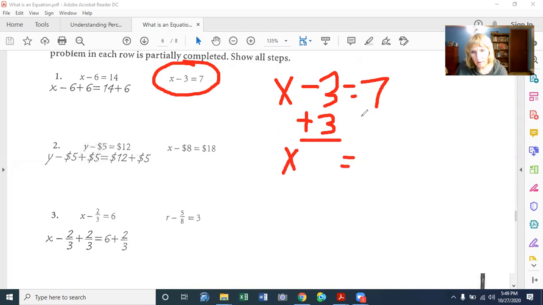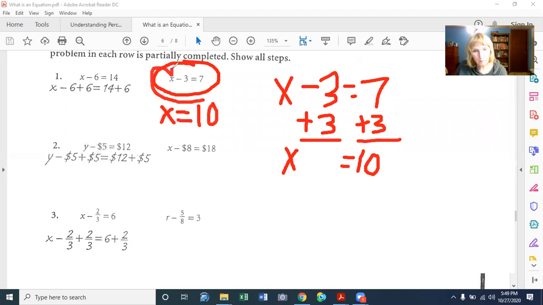And then I have to add 3 to the other side, because I added 3 to one side of the equals. Now I have to add 3 to the other side of the equals, and I end up with 7 plus 3 is 10. So in this case, x is equal to 10. I can check it by plugging in 10 for x right up here. 10 minus 3 should equal 7. If I get a true statement out of that, then I've done it right.